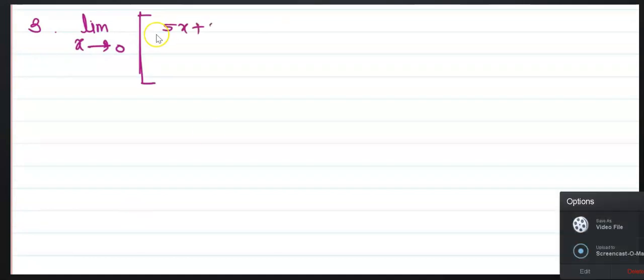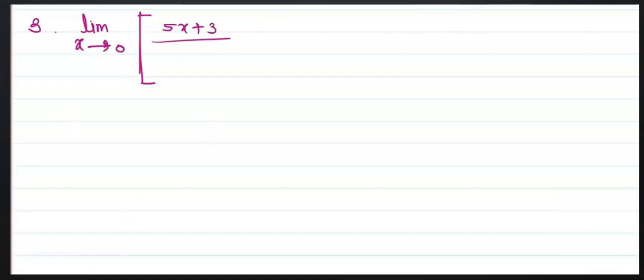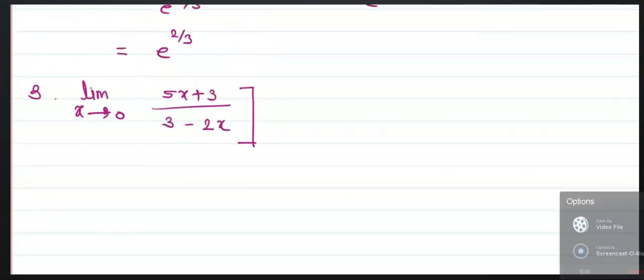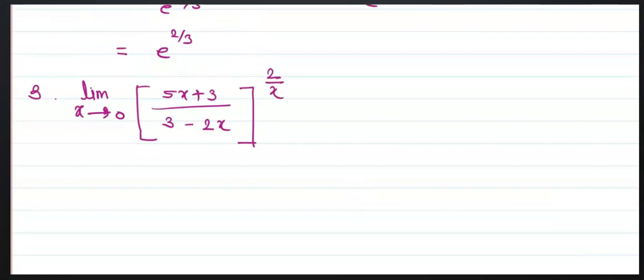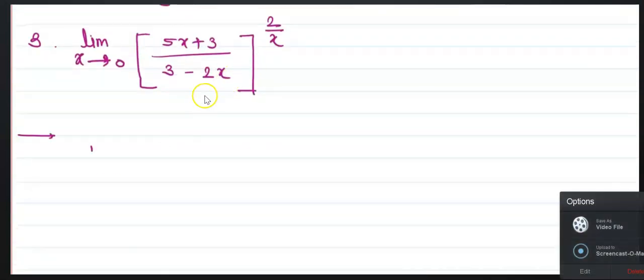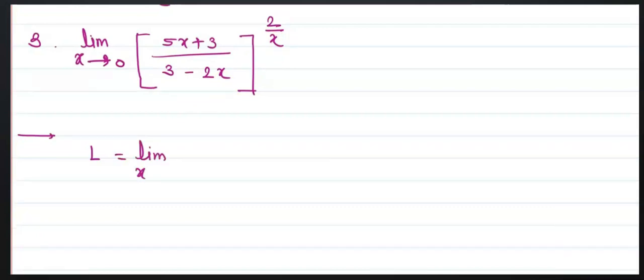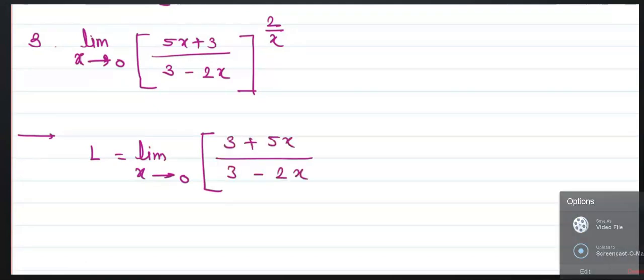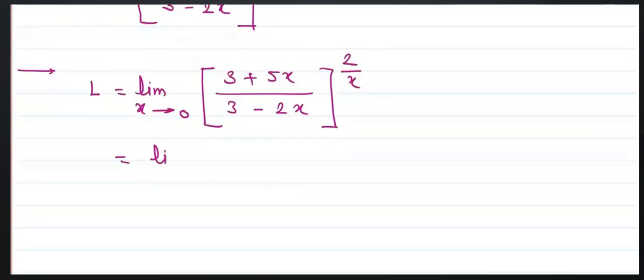Limit x tends to 0, ((5x plus 3) upon (3 minus 2x)) whole bracket raised to 2 upon x. That is limit x tends to 0, ((3 plus 5x) upon (3 minus 2x)) raised to 2 upon x.